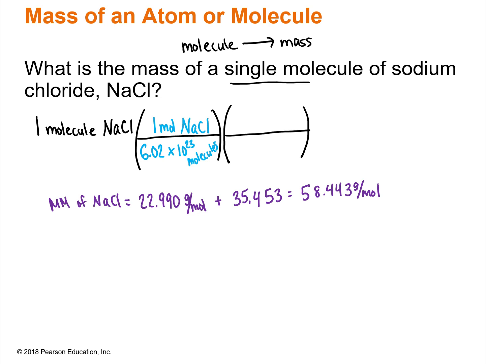So we've got our molar mass of sodium chloride. Now we're going to fill that in. And since we're trying to get grams at the end, then we're going to put grams at the top and moles of NaCl at the bottom.